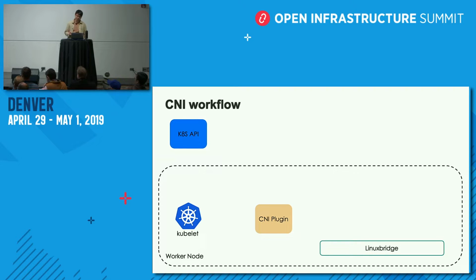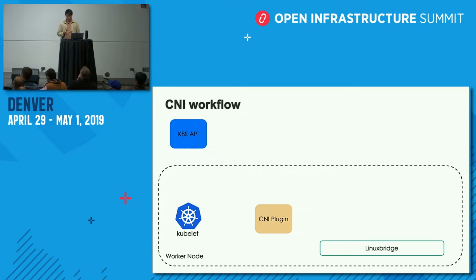Let's see how Container Network Interface works in Kubernetes. Say we have a Kubernetes environment and have a controller and a worker node in it. Just like controllers in other platforms, the Kubernetes controller accepts users' requests and manages the database.